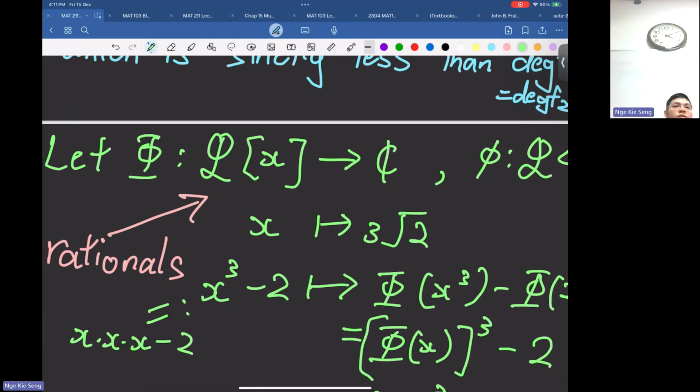And then you ask what is the law of composition here? It's just X dot X dot X. That's all.